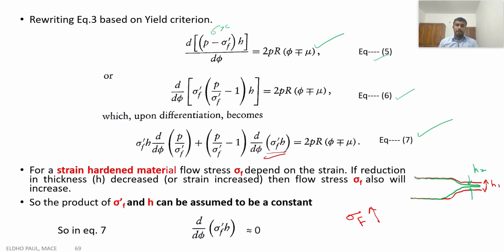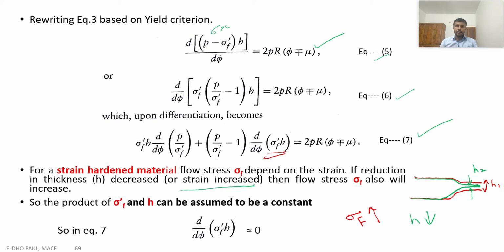So if the thickness H is decreased, that means instead of S1 we further decrease to S2, the reduction thickness is decreased. And what happens? If we decrease the thickness, the strain is increased.